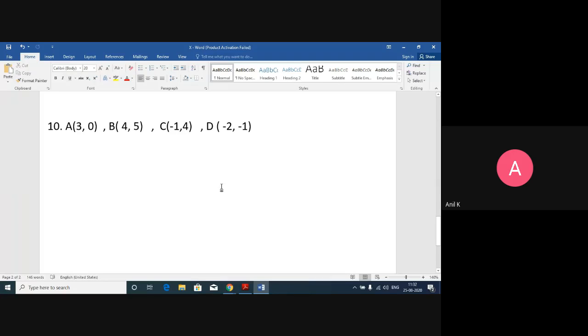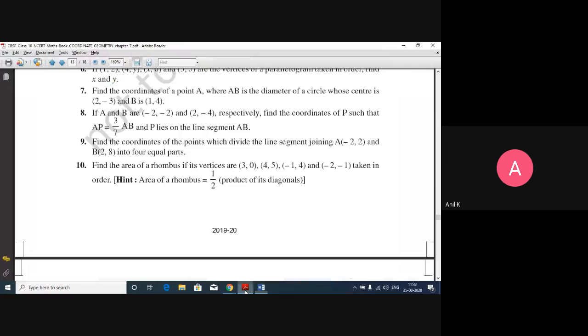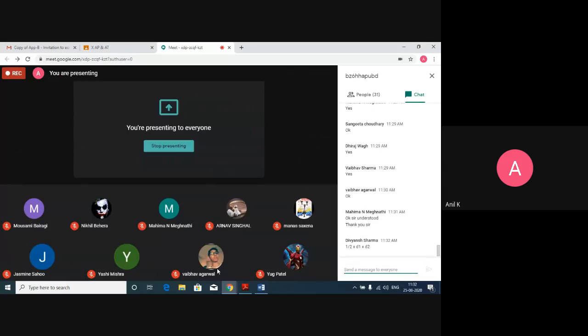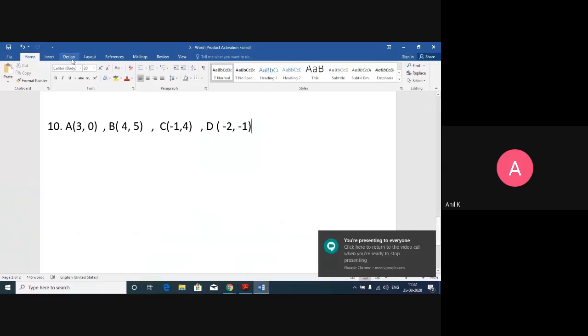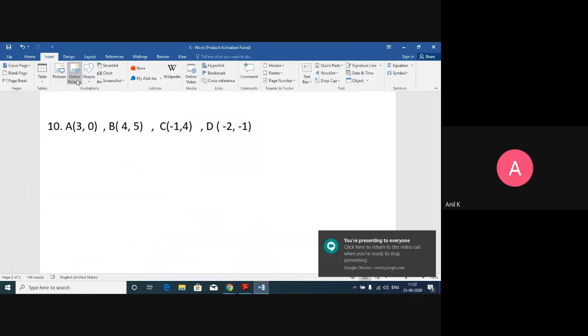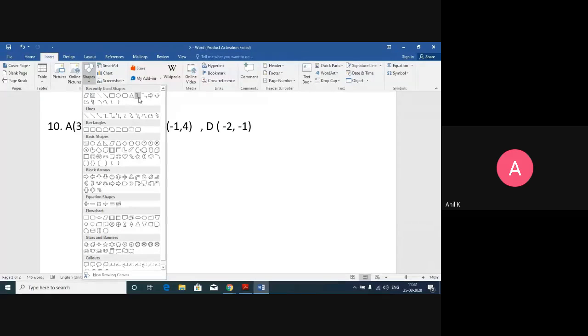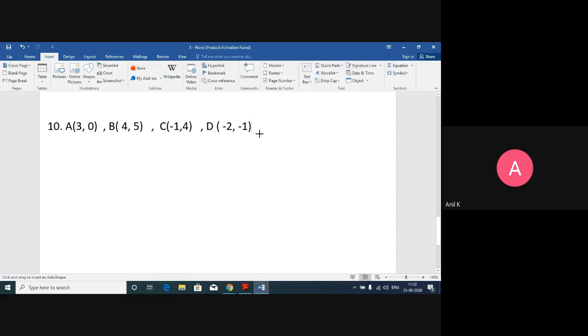What is the area of the rhombus formula? Any idea? Area of the rhombus is half d1 into d2, where d1 represents diagonal one and d2 represents the second diagonal. Let me see whether I have the rhombus shape or not. Yeah, here it is, the rhombus shape.